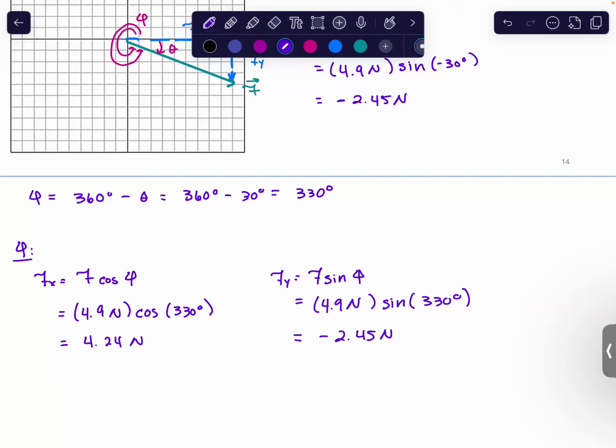And I'm sure you noticed that your calculator very conveniently gave you the proper signs when using the angle from the positive y-axis.